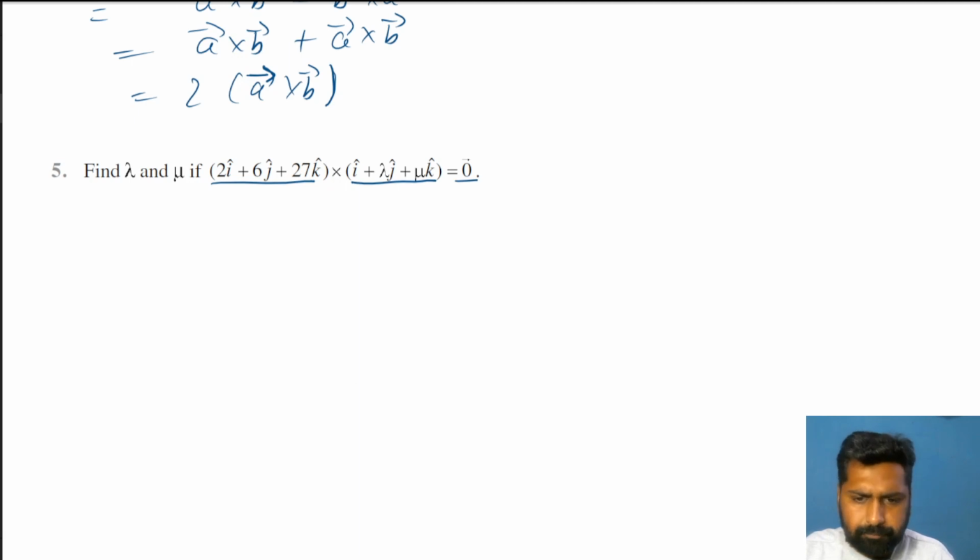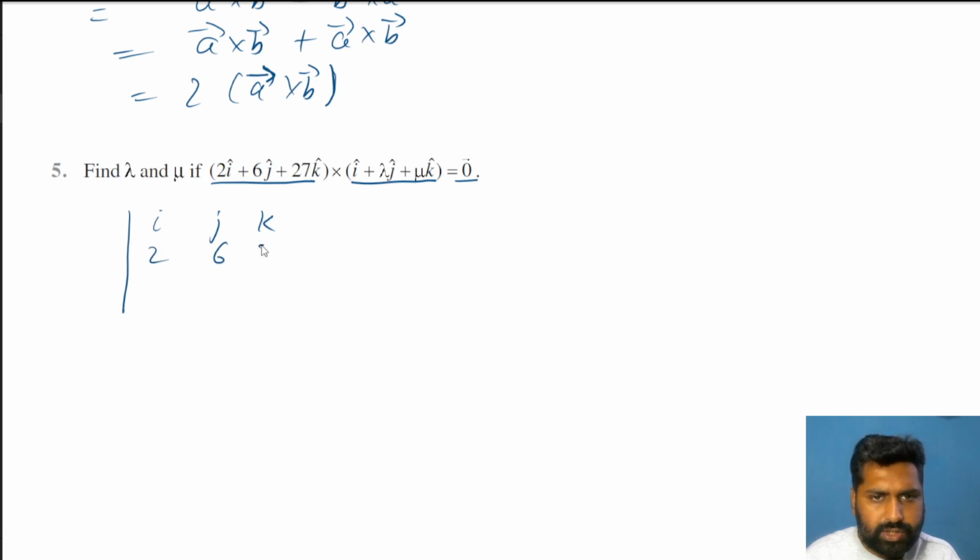Let's see it. If we literally calculate the cross product, the lengthy approach, with I, J, K, 2, 6, 27, 1, lambda, mu, we'll get some vector I into something, J into something, plus K into something.